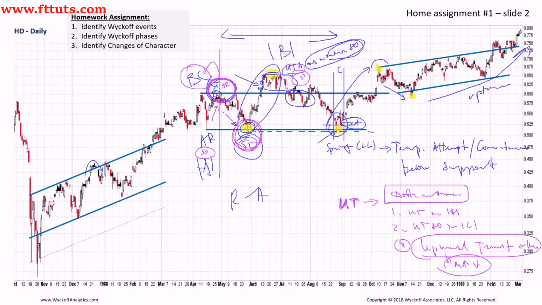So when I realized that this upthrust right here has the same type of action as the regular upthrust in distribution, it made sense to label this as an upthrust action rather than an upthrust itself.